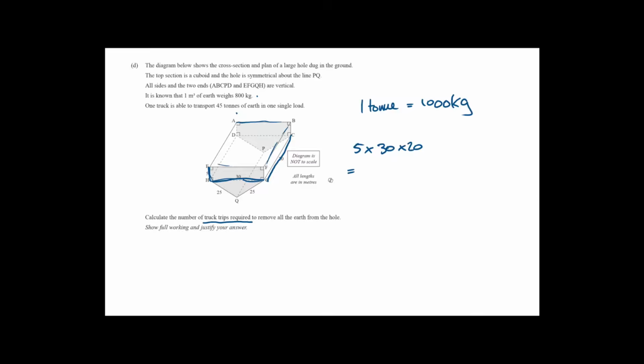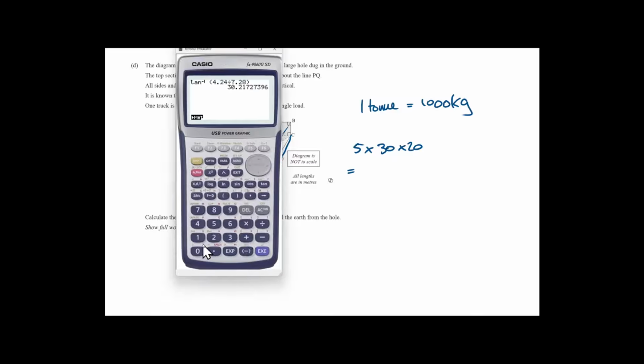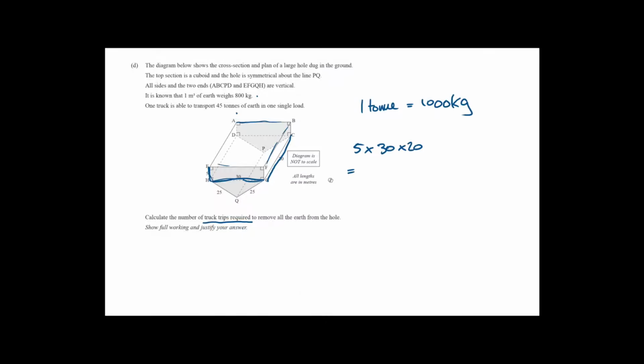We're going to grab our calculator. You could maybe do this in your head, but we'll do it on the calculator. 3,000. So this is 3,000, and this is going to be meters cubed. So that's the cuboid done.